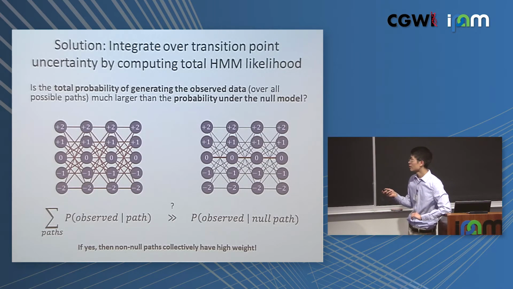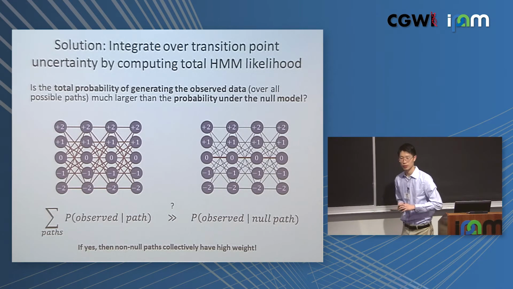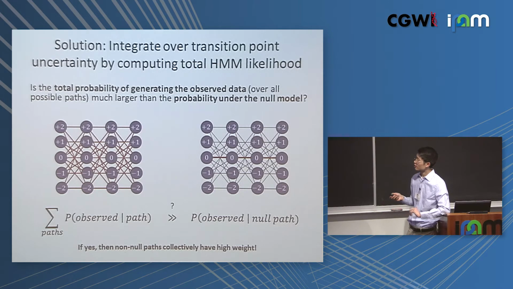So you can sum the probabilities of all possible paths, and then compare that to the probability of just the null path, of no event. If you sum over all possible paths and observe a much larger probability than the null path probability, then you can infer that there was probably an event, because some collection of paths must have had a high weight.